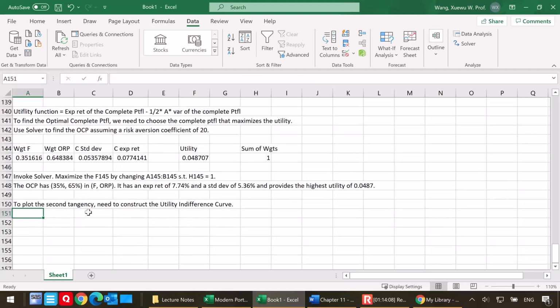I'm just going to look at the indifference curve, plot that curve, and when I do that, I'm going to have the tangency. So I'm going to look at the complete portfolio standard deviation and the complete portfolio expected return, and I know the utility indifference score.